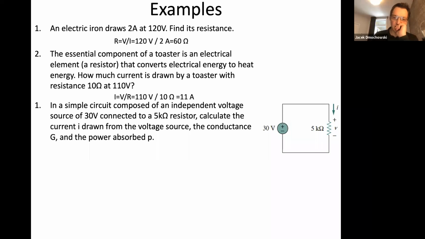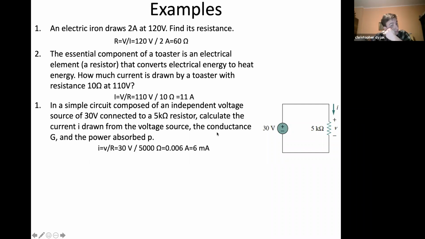Yes. So what's 30 divided by 5,000? Yeah, there we go. Bam. 6 milliamps. Very good. What about the conductance? How do I get the conductance? That would be the reciprocal.